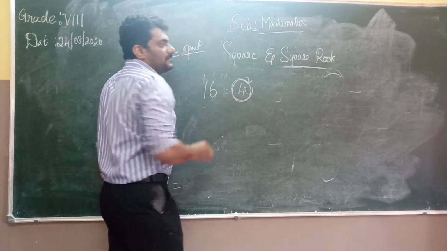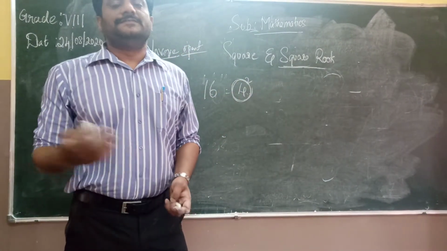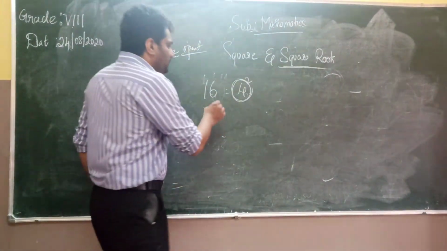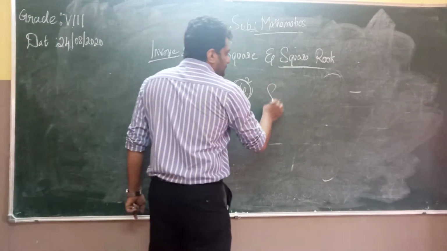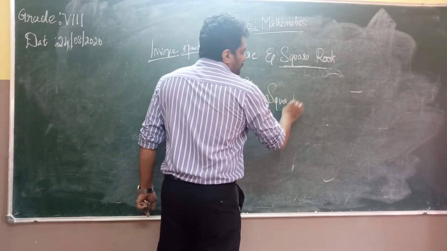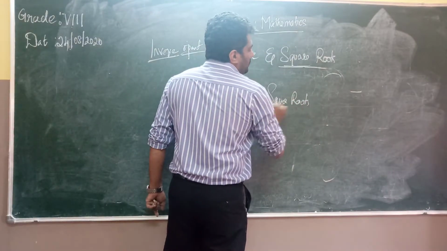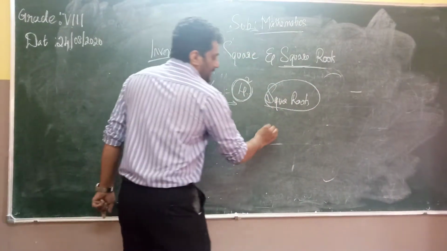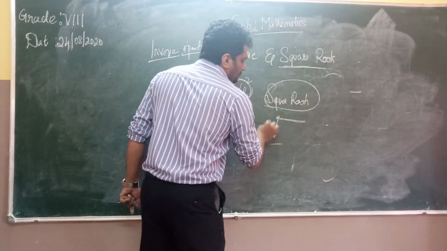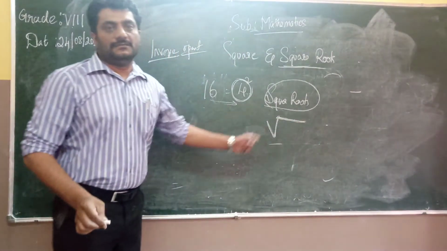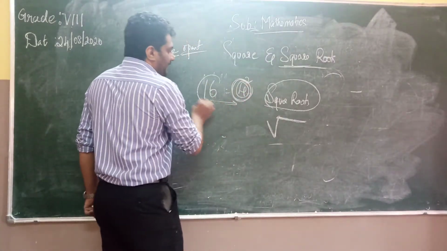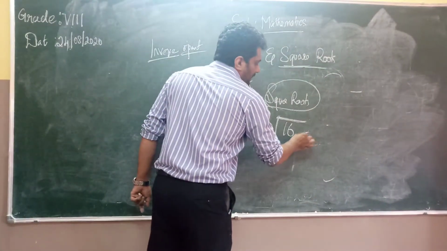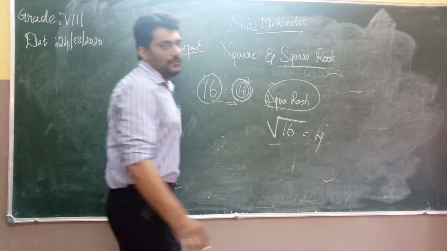To find this number we have different methods. What do you call it when you find the number? It is called square root, and the symbol of this is this one. If I have to find this number, I put the number here, and the answer will be 4.